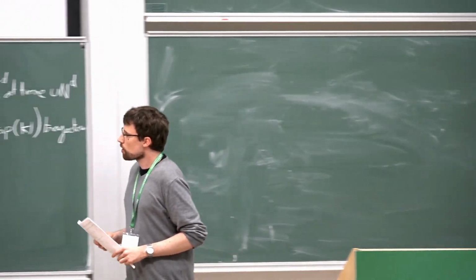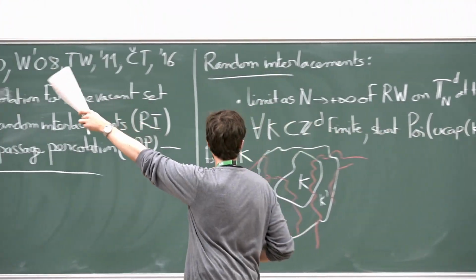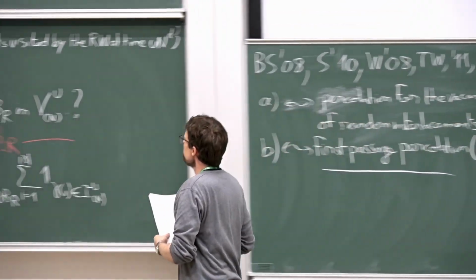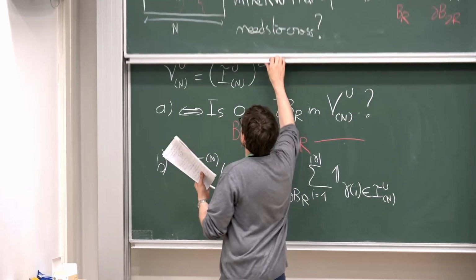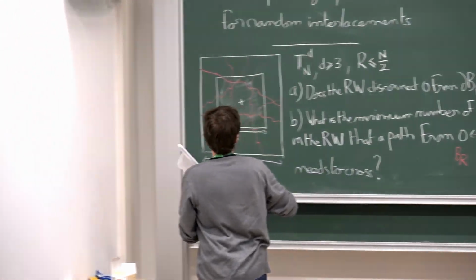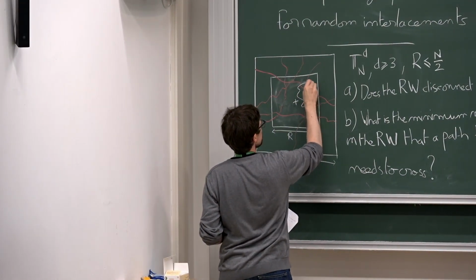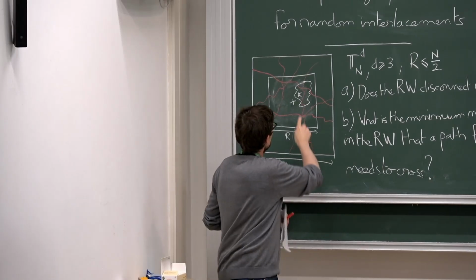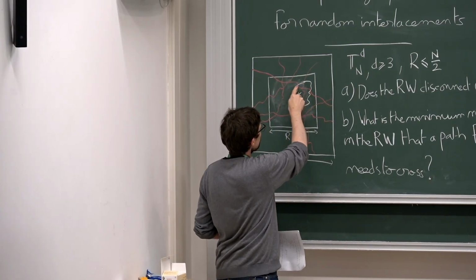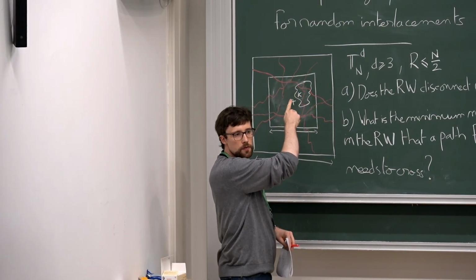So, to come back to the picture above and compare the two pictures that I have, if I take my set K here, this red part will be my first trajectory of interlacement.